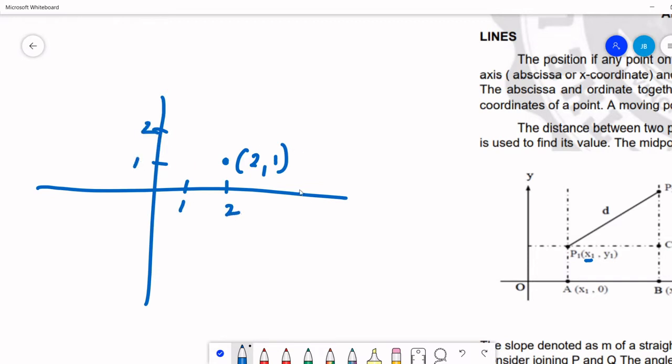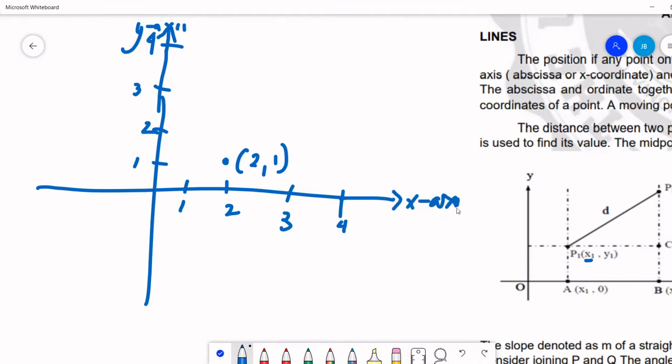And for example, find the distance between that point to 4 and 4. Do not forget the y-axis, and this one would be the x-axis. So we are going to find the distance between this point and this point, a straight line.